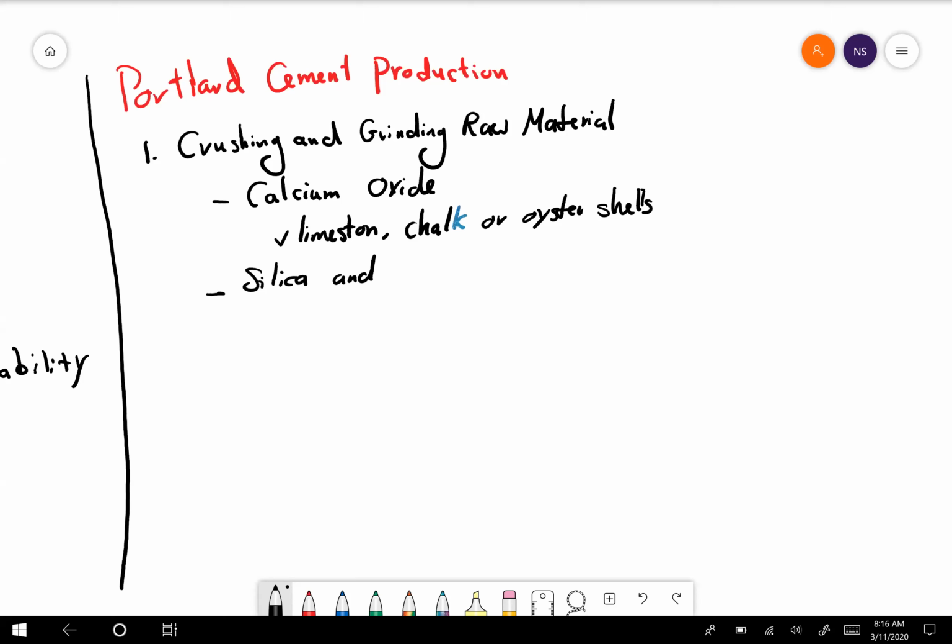So you also have silica and alumina. That includes clay, shale, and also a type of material that we call blast furnace slag.